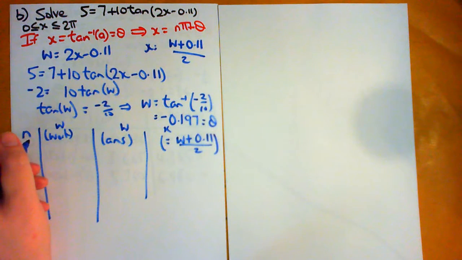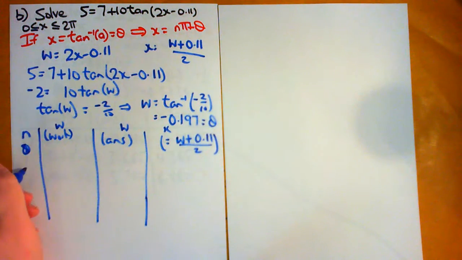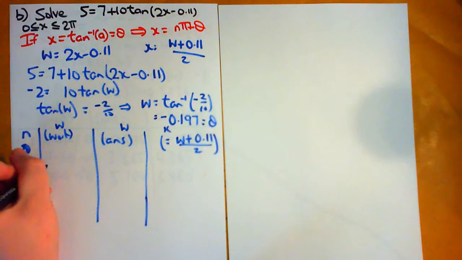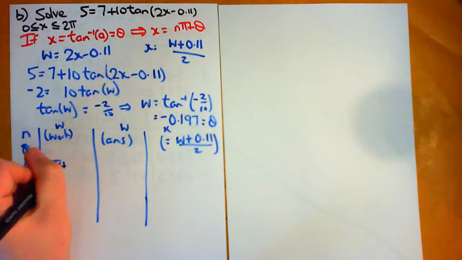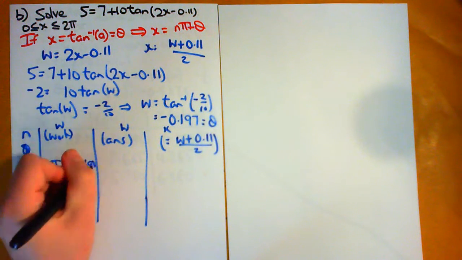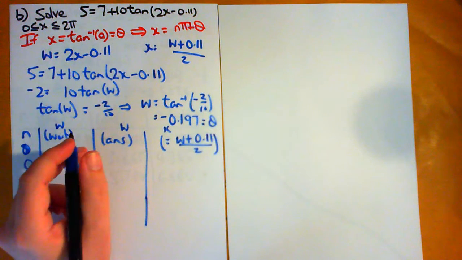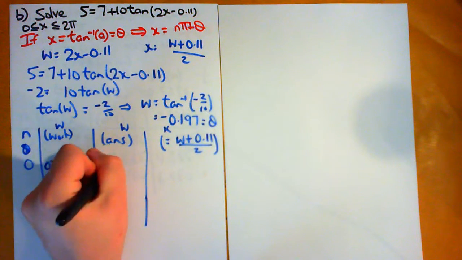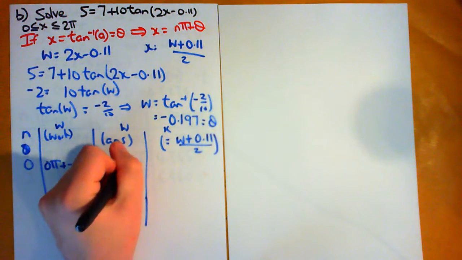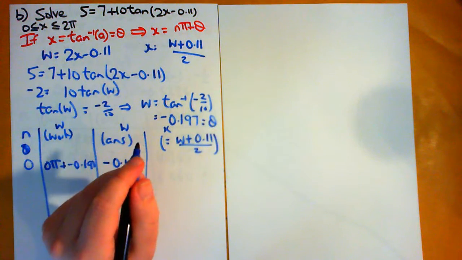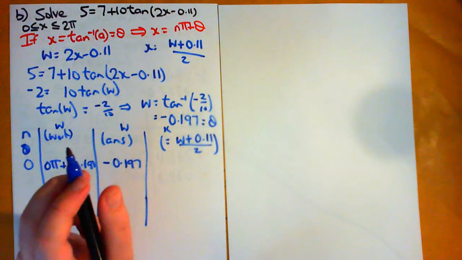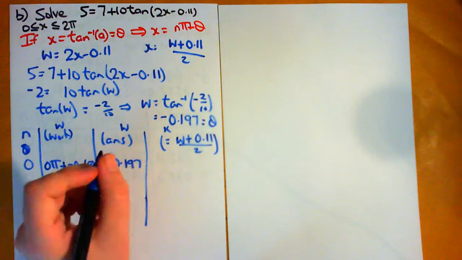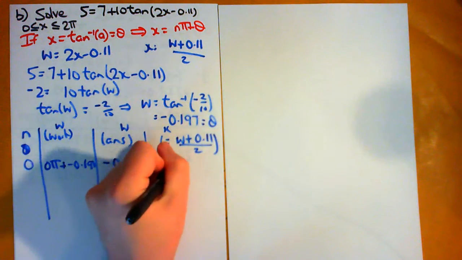Okay, so for n equals 0, we get w equals 0 times pi plus negative 0.197. Okay, so that gives us a value of negative 0.197. And if we substitute that into w plus 0.11 divided by 2, we get an answer of negative 0.0435.